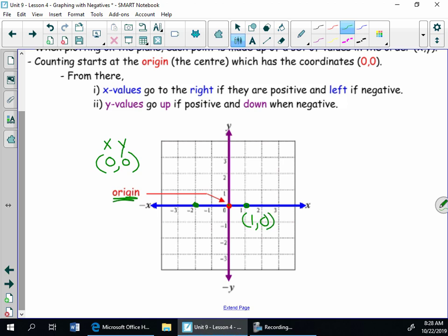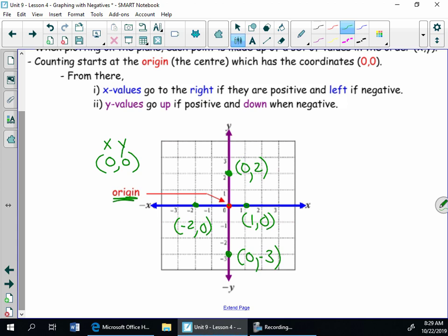When I go to the left, it's negatives, but not up or down. If I go up, I haven't gone left or right at all, so 0, and positive, I've gone up 2. And if I go down, we haven't gone left or right at all, but we've gone down 3. So the first number is your left and right, and the second number is your up and down.